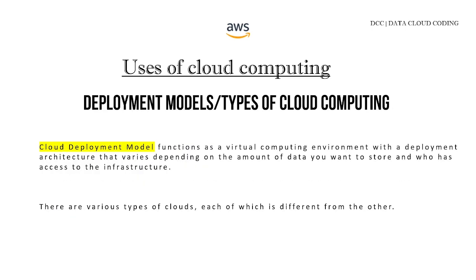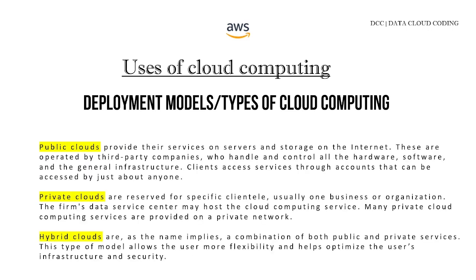Now let's talk about the deployment models that come with cloud computing. The cloud deployment model functions as a virtual computing environment, with a deployment architecture that varies depending on the amount of data that you want to store and who has access to the infrastructure. There are various types of clouds, each different from the other. We have public clouds, private clouds, and hybrid clouds.